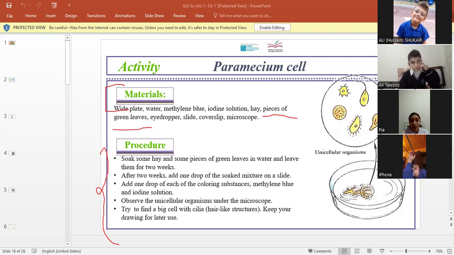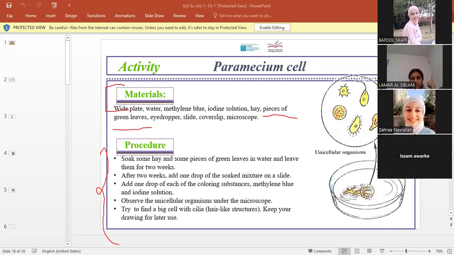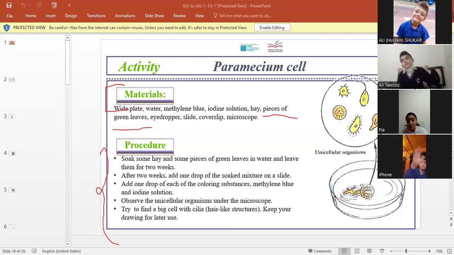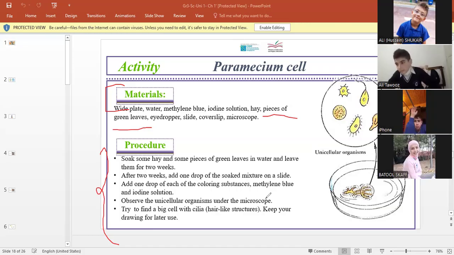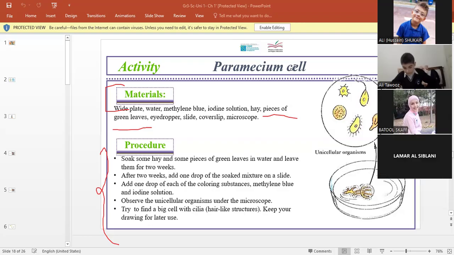Pia, yes. To put them under the microscope. Excellent, Pia. Bravo. Of course, in order to do microscopic observation, this is what we learned. We have to do microscopic observation through the microscope. So we have to take a few drops in order to do what we call microscopic observation.